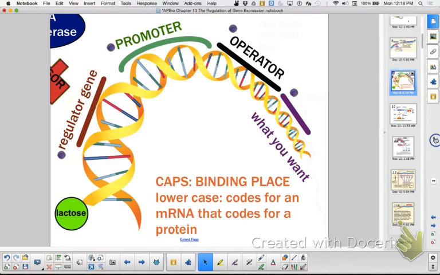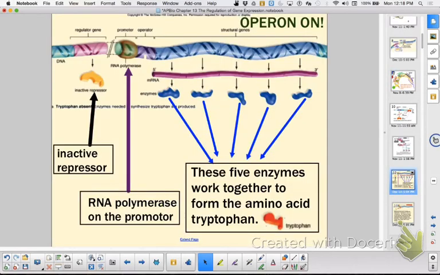Okay, so then we talked about, let's look at this situation where a regulator gene is coding for a repressor, but this repressor is inactive. Okay, it is currently not working in any way, it's just sitting on the sideline, and so RNA polymerase is able to get on the what? Promoter.